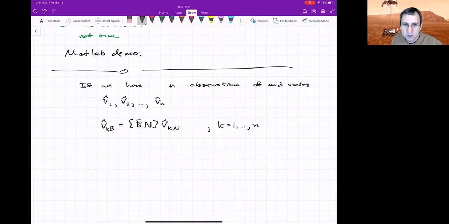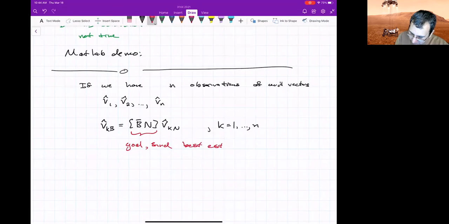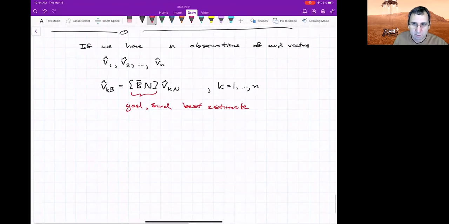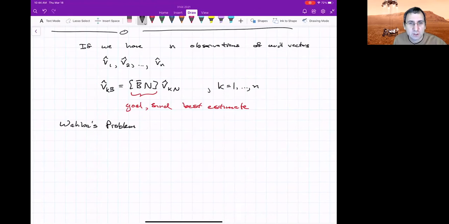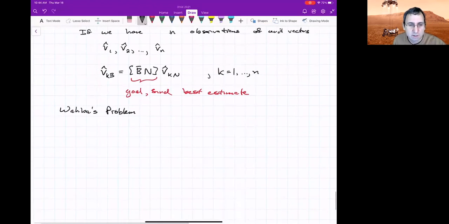Our goal is to find this estimated matrix. We want to find the best estimate. And we could do that in a least squares sense. This is called Wahba's problem, after a statistician who's still active. Her name's Grace Wahba. She wrote the problem and the solution.